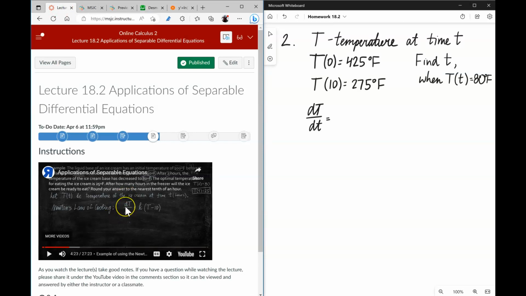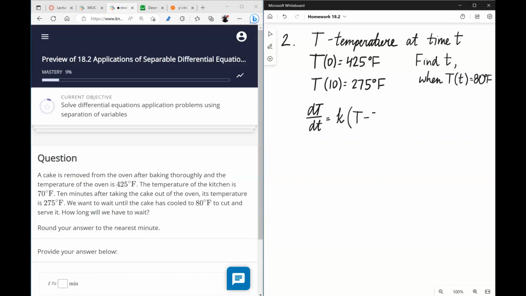So it's going to be k, some coefficient which we have to determine, times T, the temperature, minus 70, the temperature of the medium, which we were told was 70 degrees. So this is the equation that describes the behavior of the temperature of this cake. Now, you notice that it's a differential equation. You can also notice that it is separable.